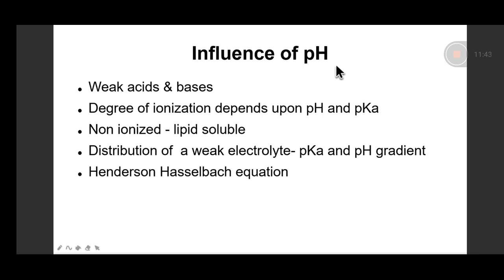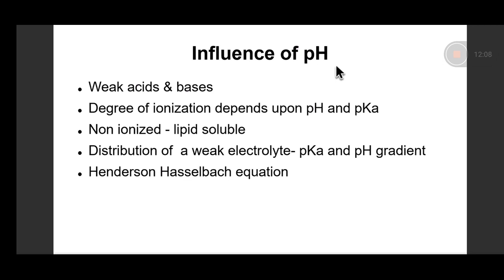So what is this influence of pH? You know that weak acids and bases ionize depending upon the pH of the medium in which they are there. Most drugs are weak acids and bases. The few drugs which are strong acids and bases exist in the ionized form.